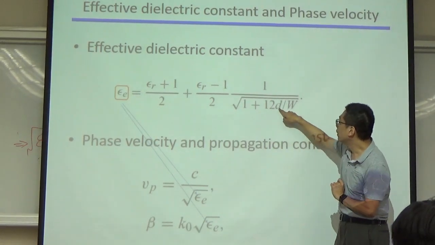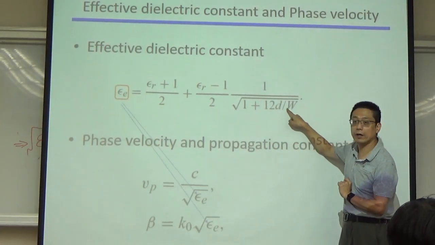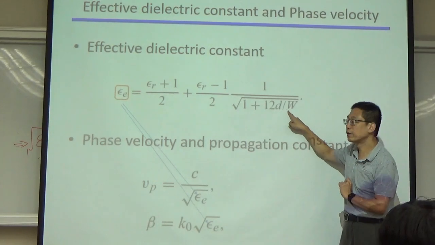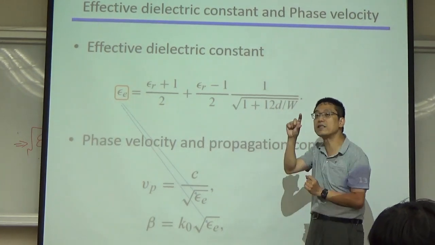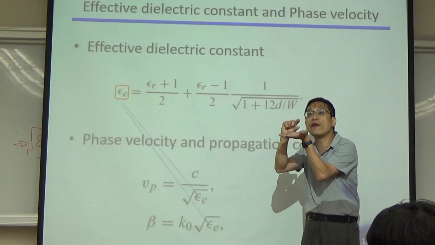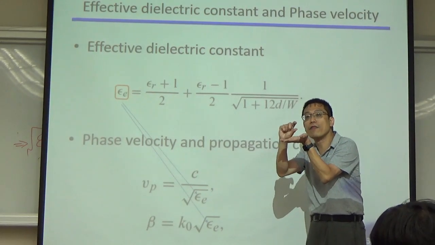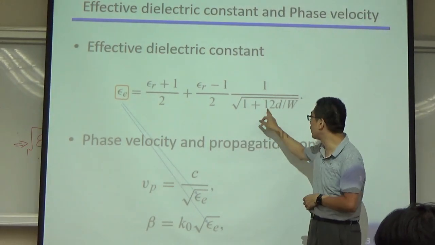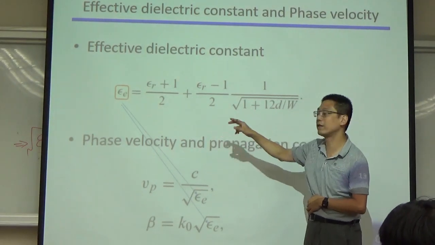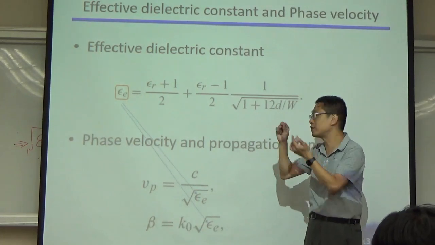You need the ratio between, I'm sorry, use D. D is the thickness, and W is the width. I used H there, right? But it's actually D. The thickness is D.